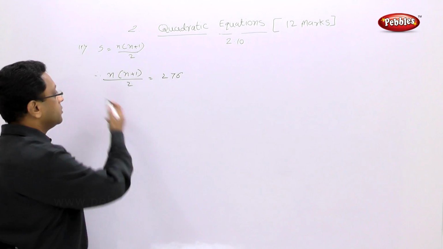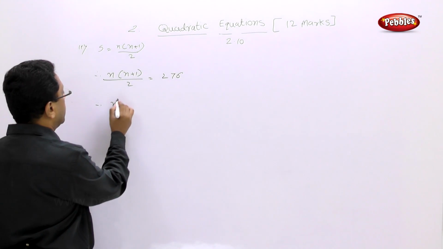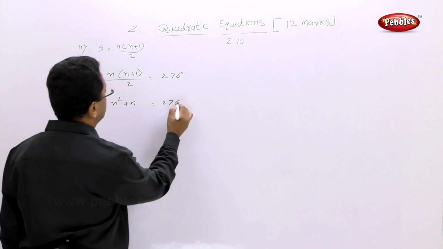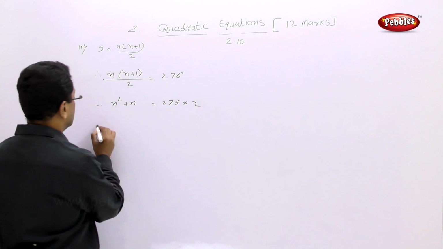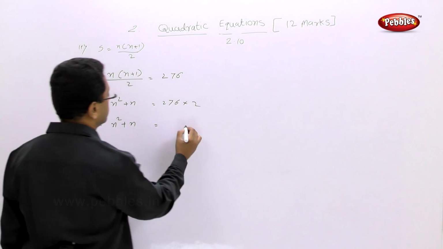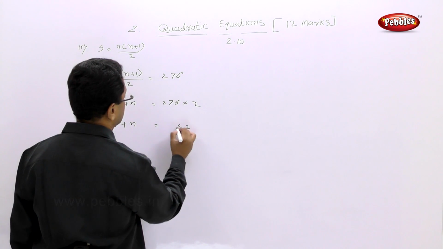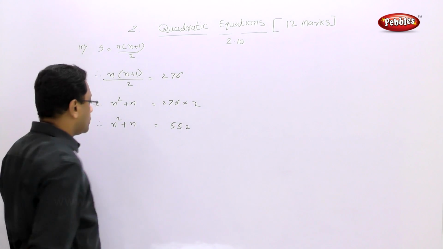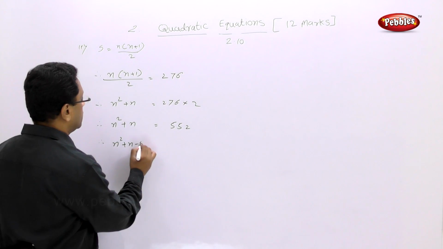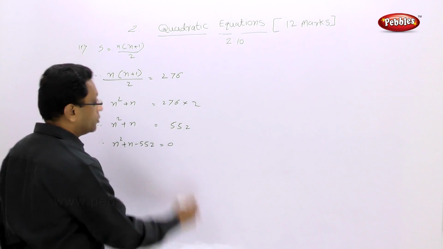By solving this, we'll get n square plus n is equal to 276 into 2. So we'll get n square plus n is 552. So n square plus n minus 552 is equal to 0.